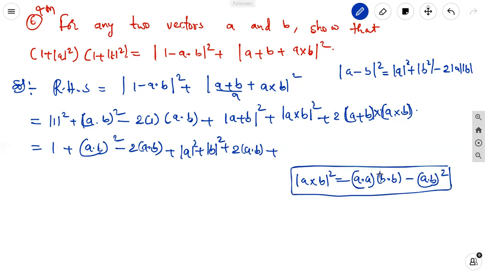This is the formula for mod (a cross b) square. So we can write it as a dot a into b dot b. a dot a is equal to 1, b dot b is equal to 1.